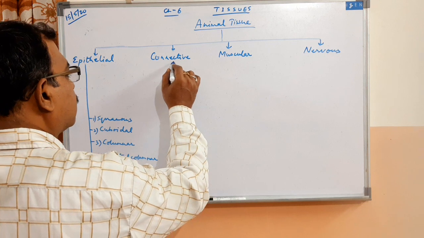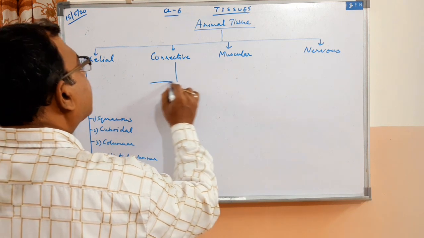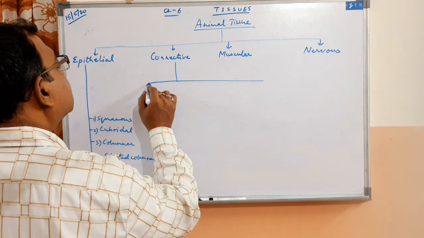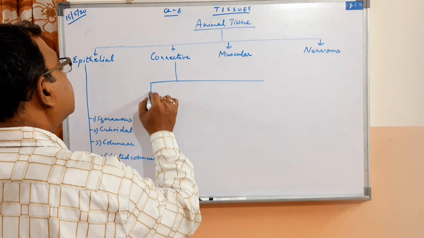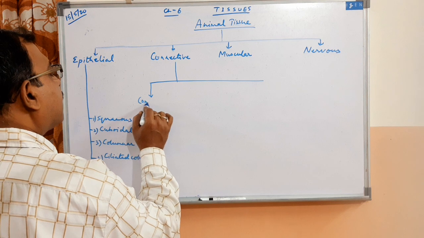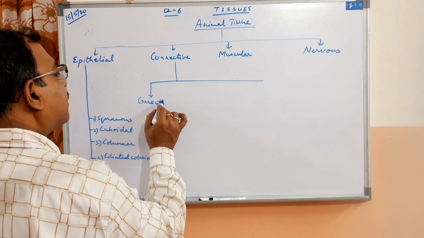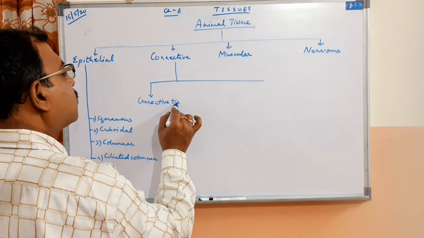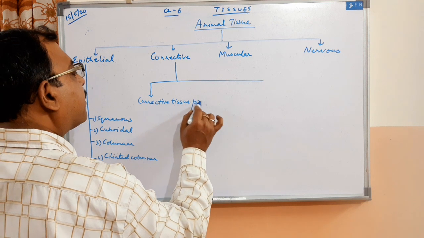In connective tissue, there are three main types. First is connective tissue proper.